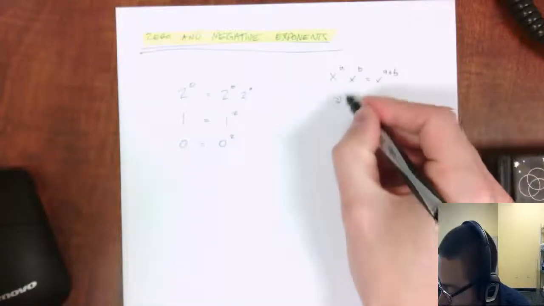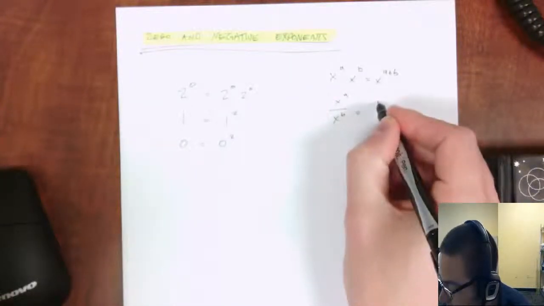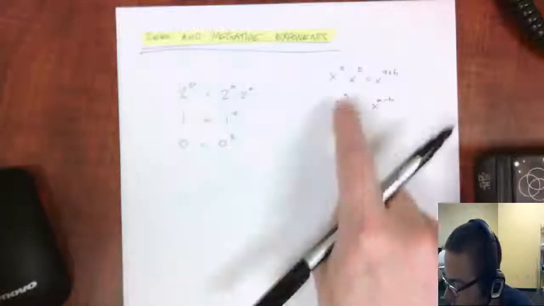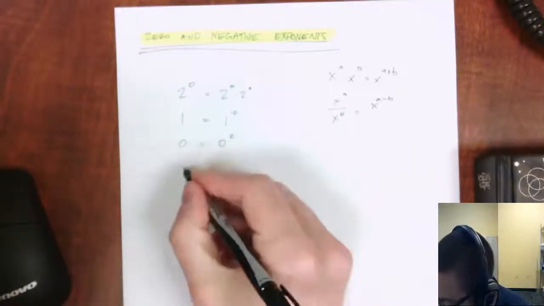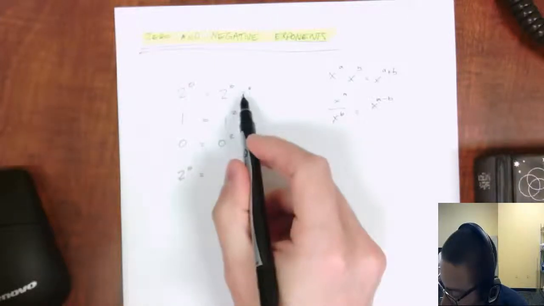We had x to the a over x to the b is x to the a minus b, right? So we could say, well, 2 to the 0. Now we don't have to stick with 0.